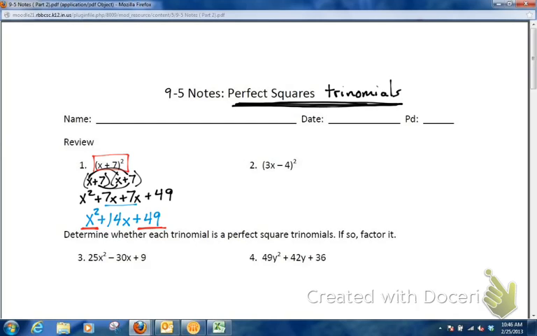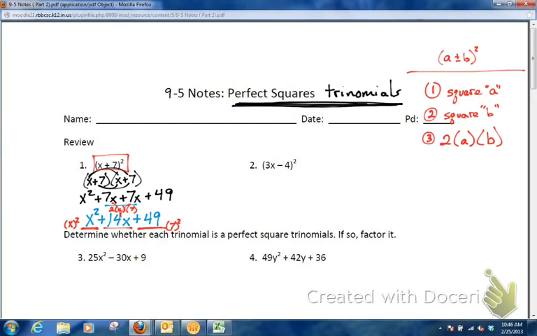So this first piece was x squared, the last piece was 7 squared, and then the middle piece here was 2 times the first piece times the second piece, so 2 times x times 7, because it's 2 7x's as you can see here. So I'm actually going to write these down over on the right side as just a reminder.